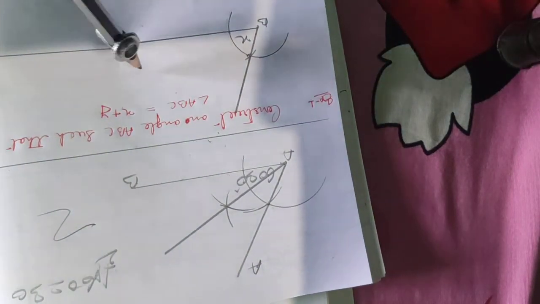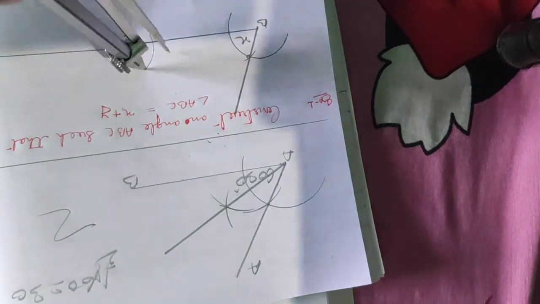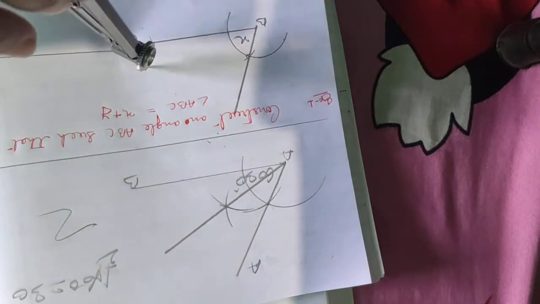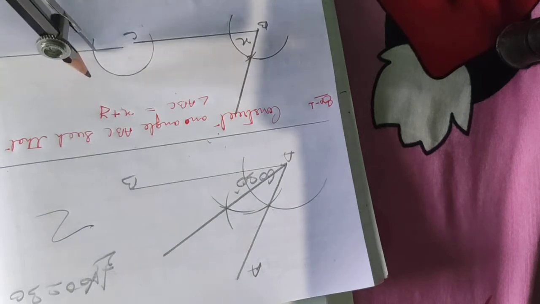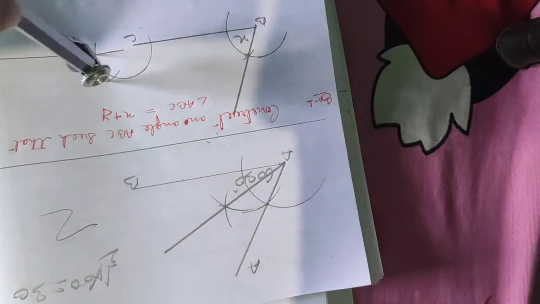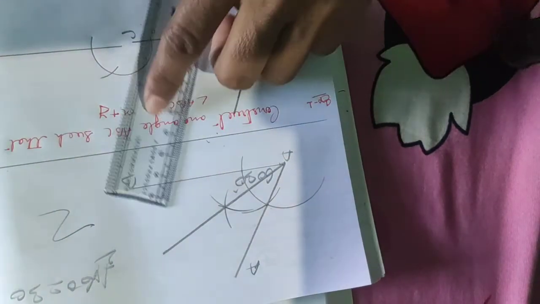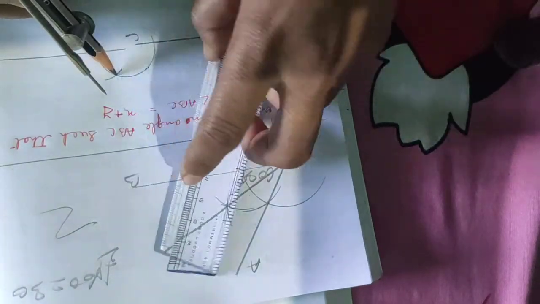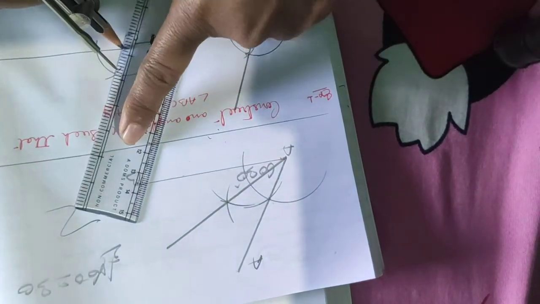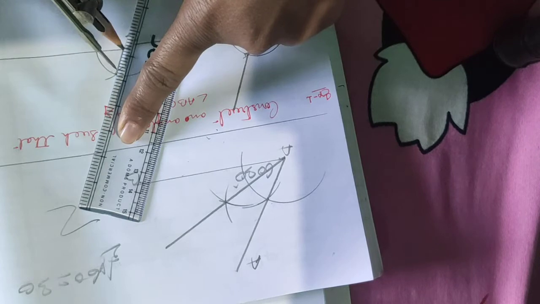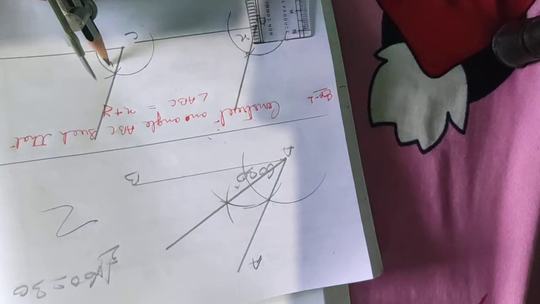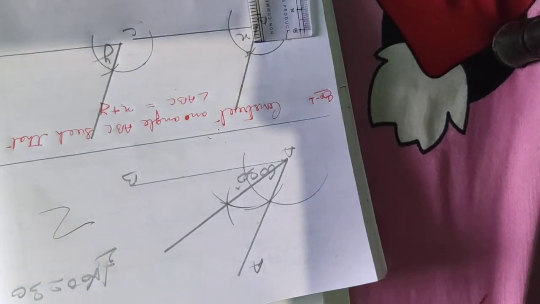Then draw an arc. Now put the compass here, cut here, join here, okay. Let this be Y.